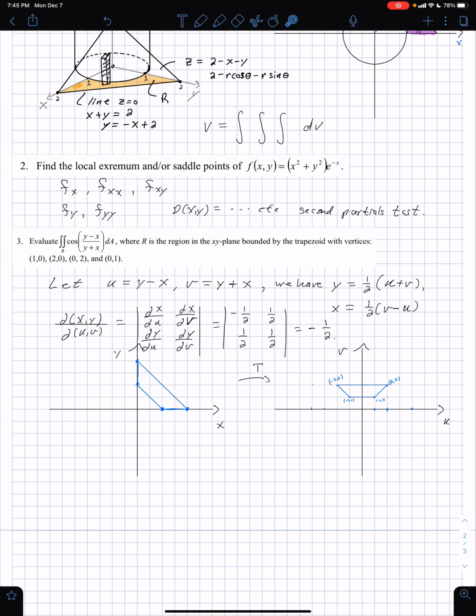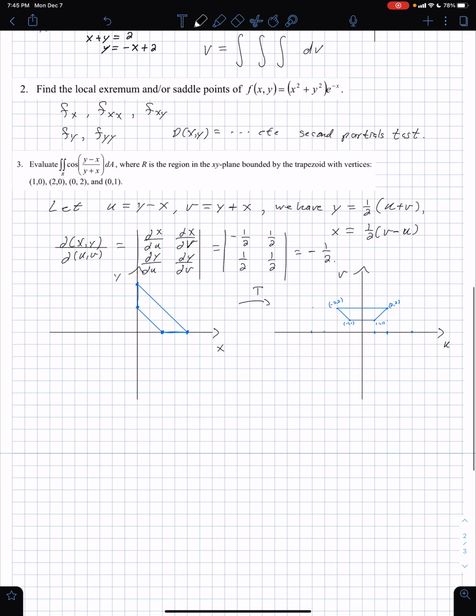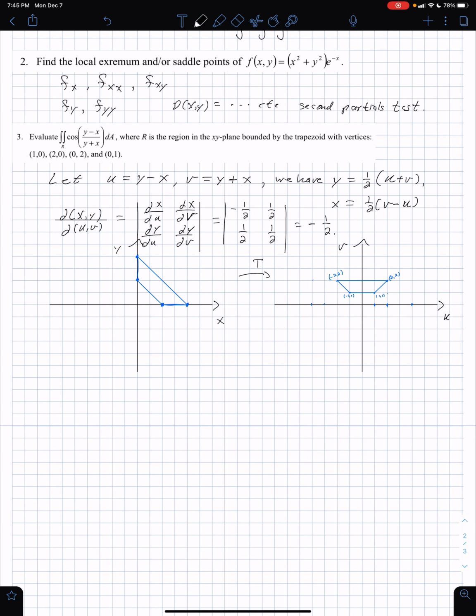So figure out how these points are transformed given this transformation. And then you do your integration. Okay, so then you say what that is. So you'll integrate over the region R cosine of (y minus x)/(y plus x) dA, and then you have your transformation.